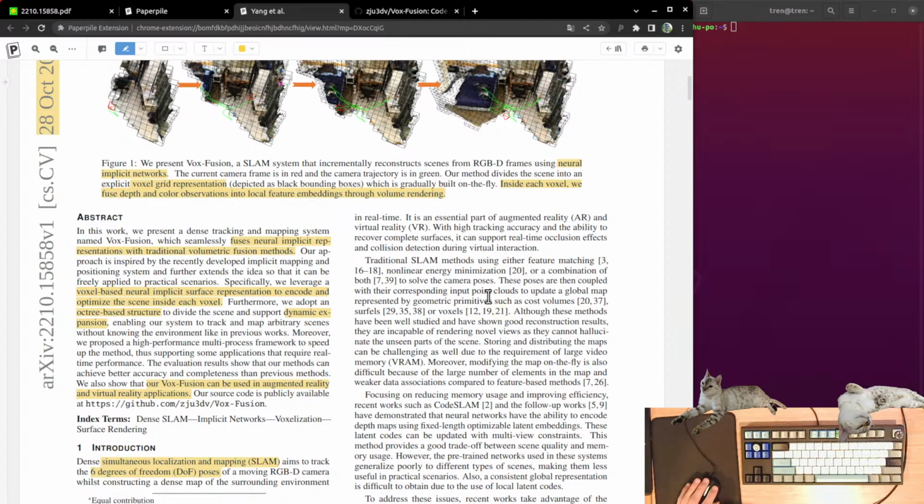So here they have a ton of different references. Yeah, they are incapable of rendering novel views and cannot hallucinate unseen parts of the scene. So that's where the neural representations would come in useful. Yeah, storing and distributing the maps takes a ton of VRAM.